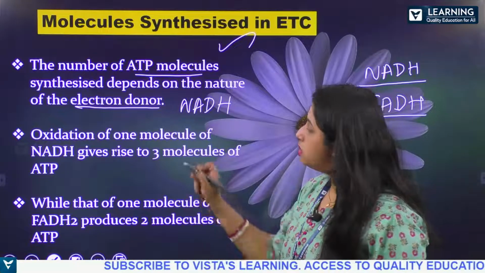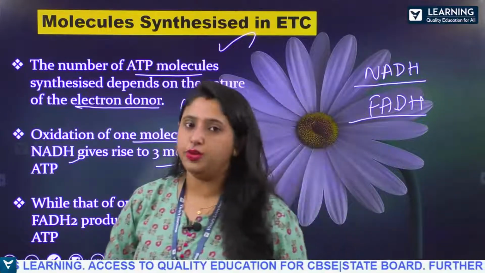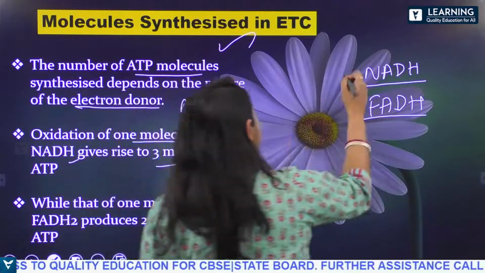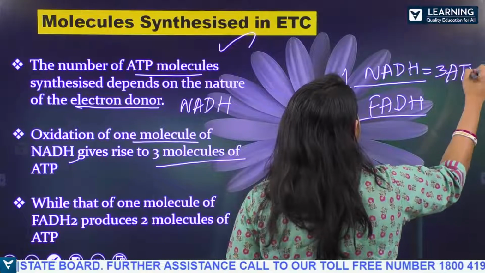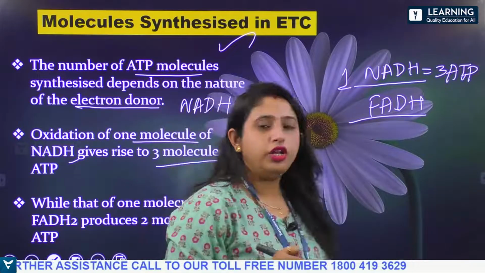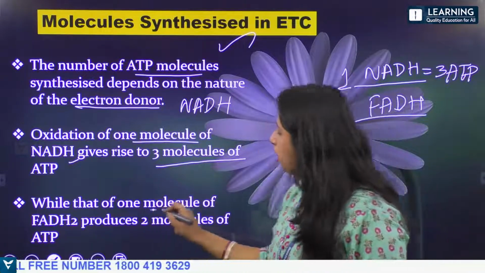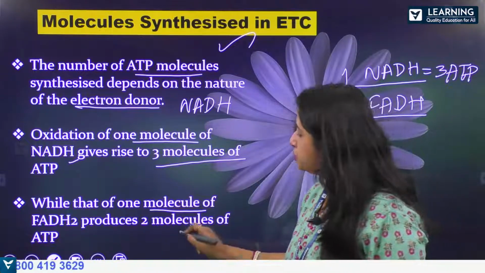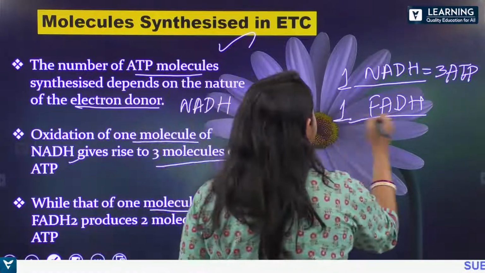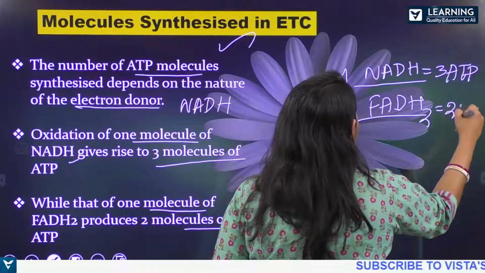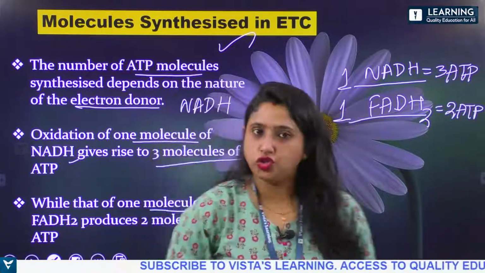Oxidation of one molecule of NADH gives rise to 3 molecules of ATP. Clear? One molecule of NADH produces how many ATP? 3 ATP. And one molecule of FADH2 produces 2 molecules of ATP in the electron transport chain.